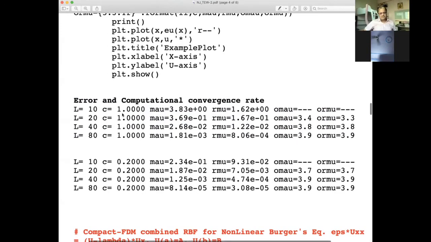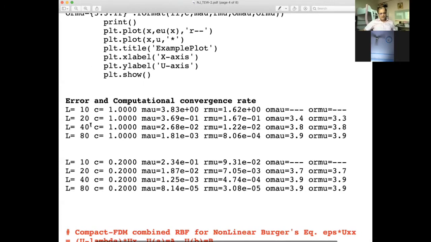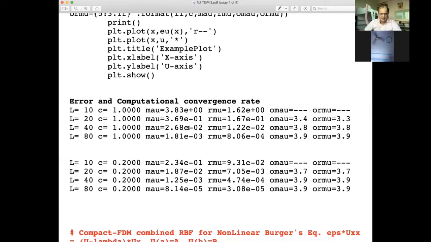In the case of C equal to 1, the maximum absolute error is 3.83 E plus 0. And for L equal to 20, the absolute error is 3.69 E minus 1. E minus 1 stands for 10 raised to the power minus 1. Similarly, E minus 2 stands for 10 raised to the power minus 2 and so on.